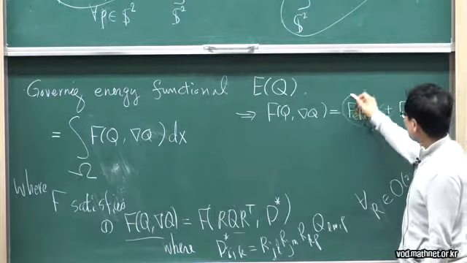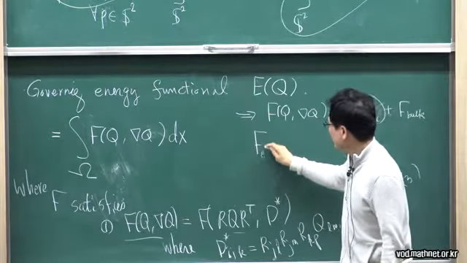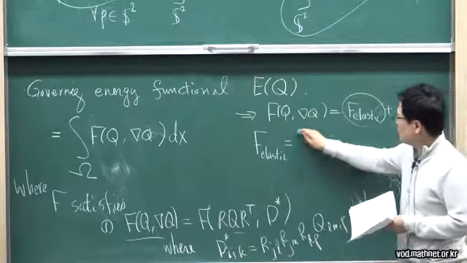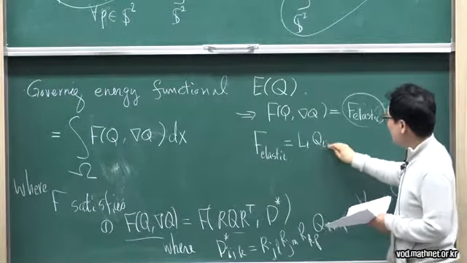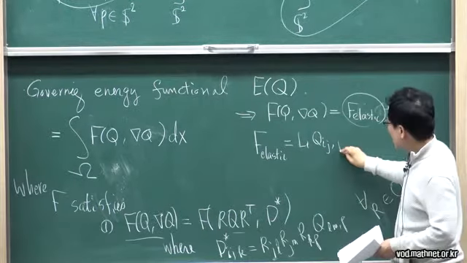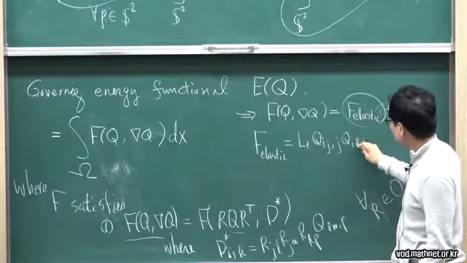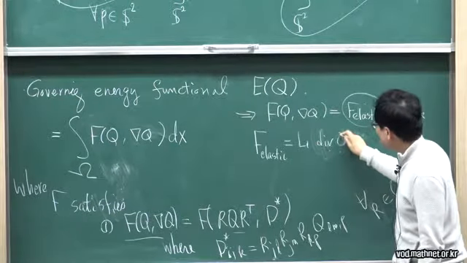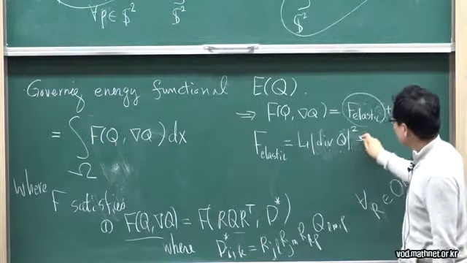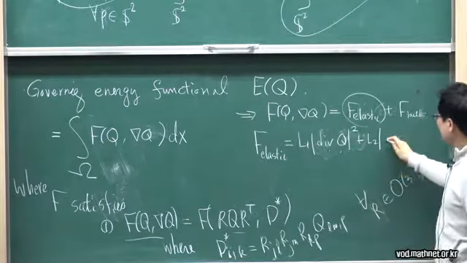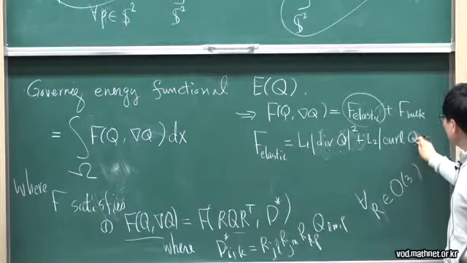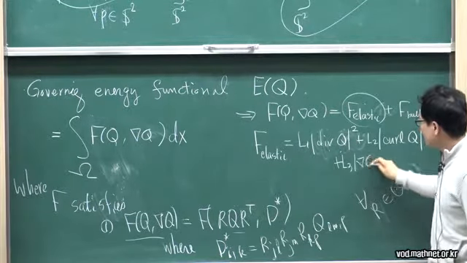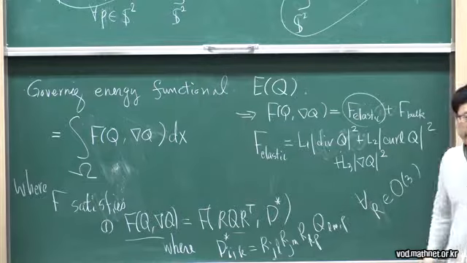And simply this one, F elastic energy, it should look like this: L1, the divergence of Q, and then L2, curl of Q, and then L3, gradient of Q squared.